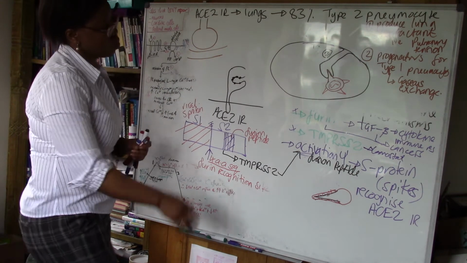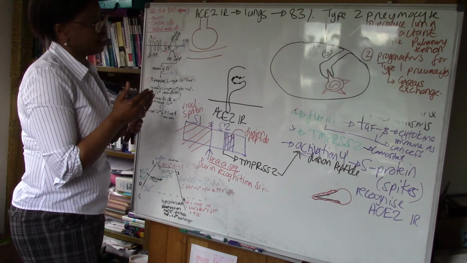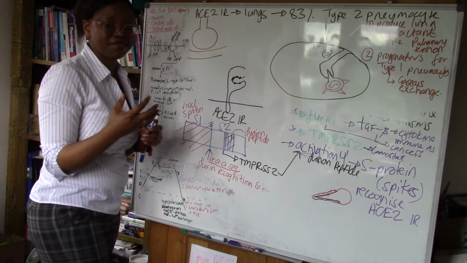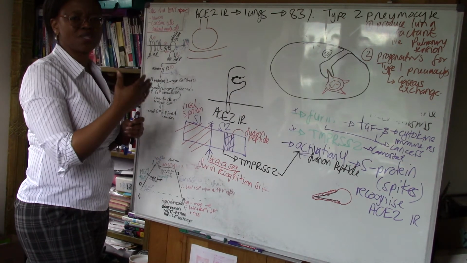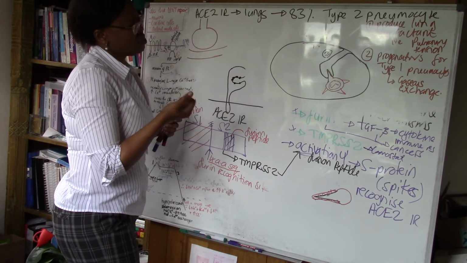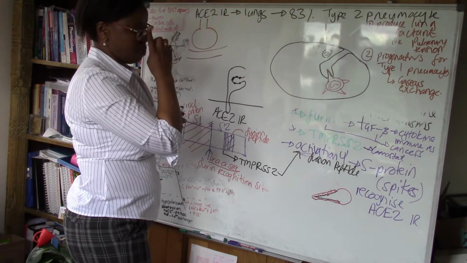So now we know that this virus is incredibly clever in the sense that it will use ACE2 receptors that are found everywhere in the human body, including in the GI tract and the GU tract, actually in the brain as well, in the testes, in the kidneys. It's all over the body really.